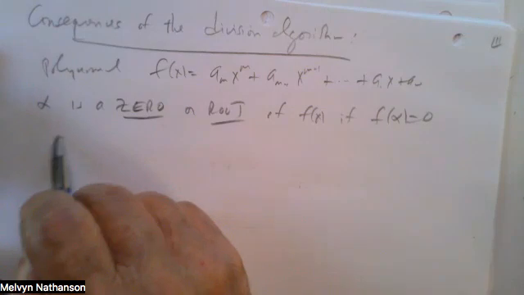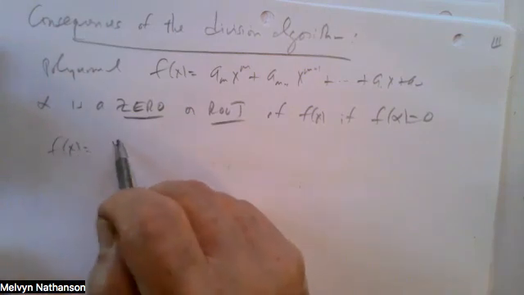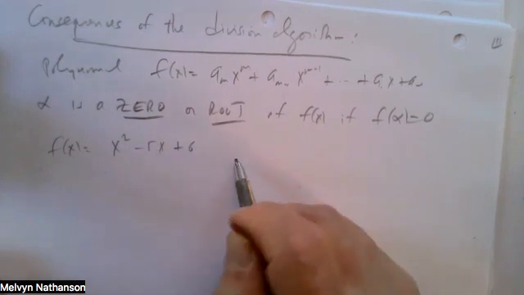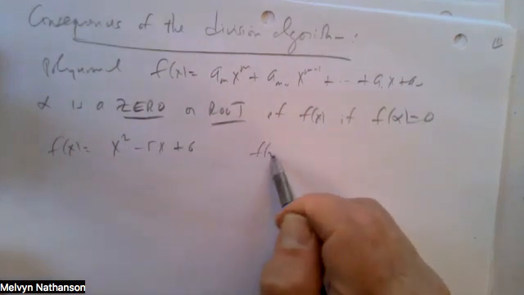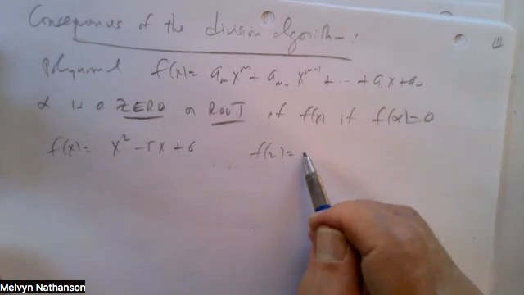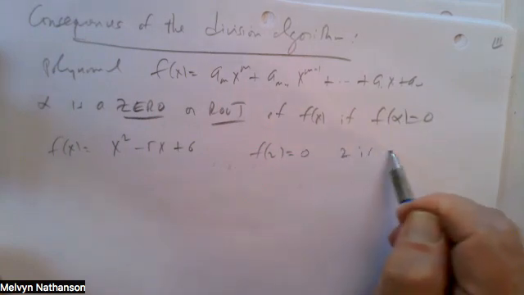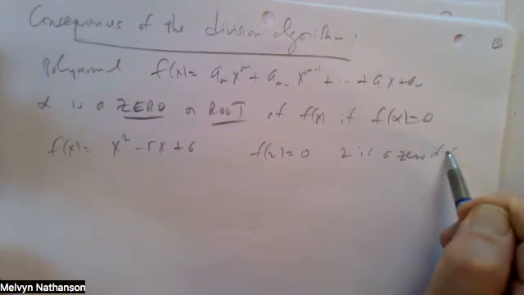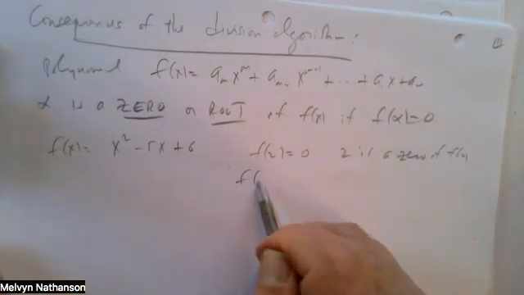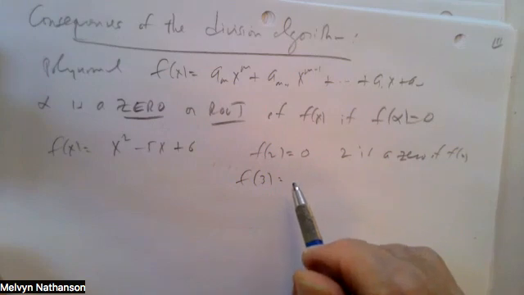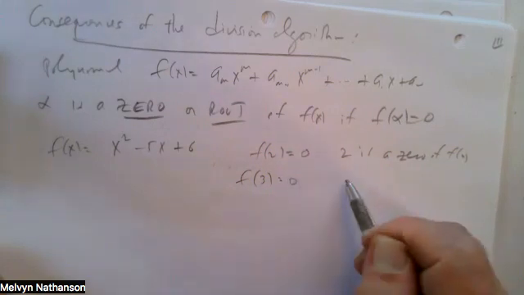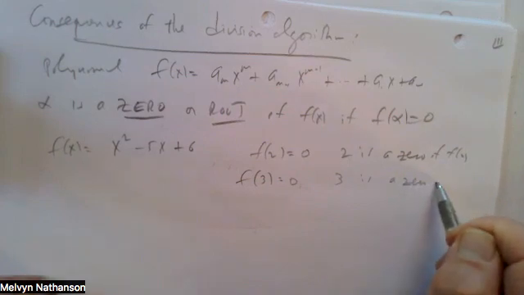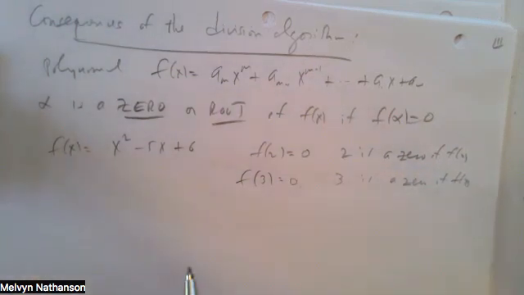So if f of x equals x squared minus 5x plus 6, f of 2 is 0. So 2 is a root or zero of f of x. F of 3 is also 0. So 3 is a zero of f of x.